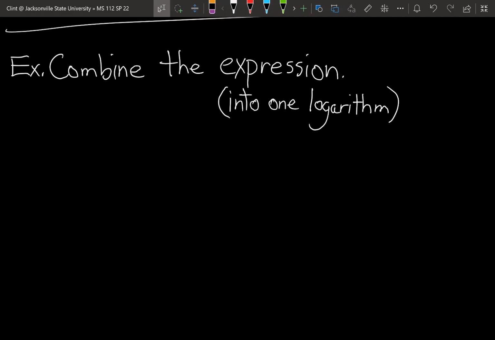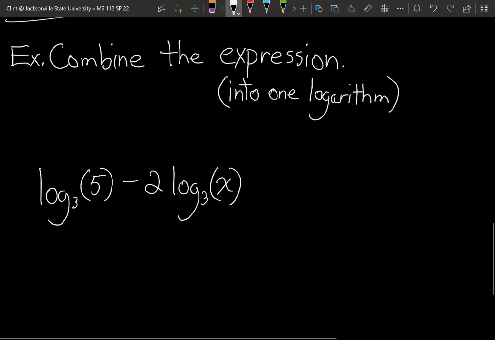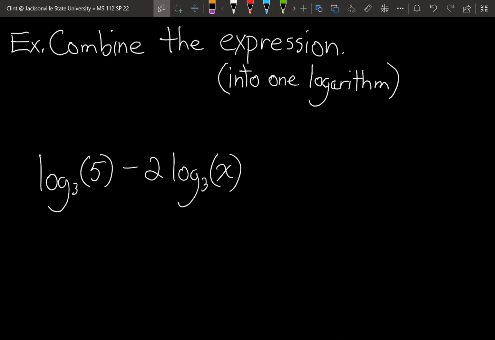Okay, so the first thing to look for is to see if we've got any coefficients in front of the logarithms.